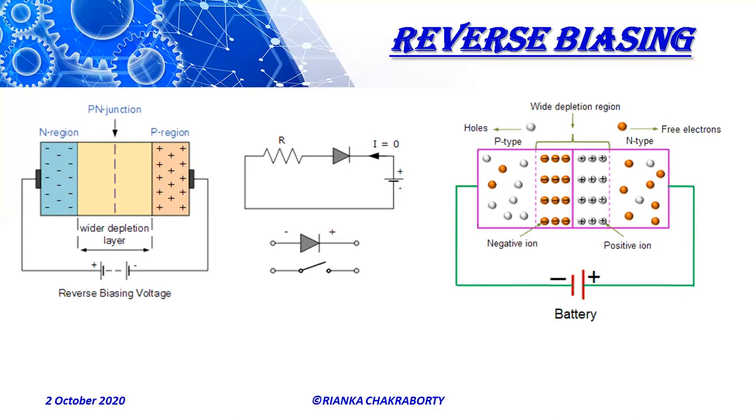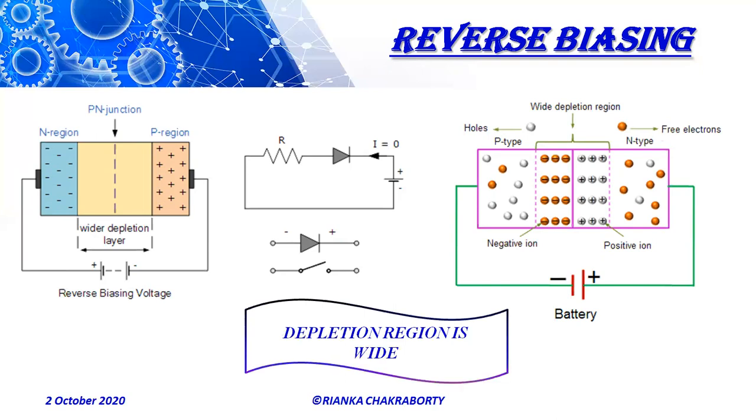The rise of the barrier height reduces the current to a negligible value since very few majority carriers can now cross the junction. But the number of minority carriers moving down the potential barrier is left unaffected, since this number depends on the temperature only. As a result, a small current called the reverse saturation current flows.